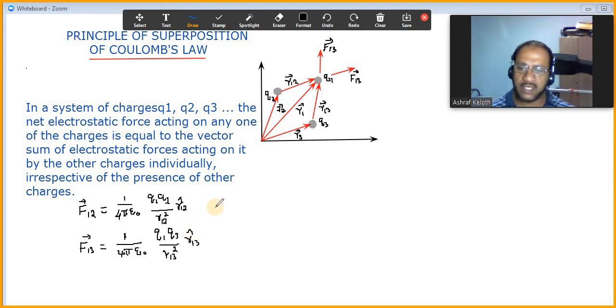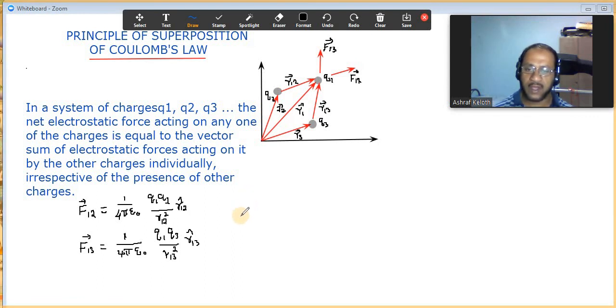If there is one more charge, the fourth one, then F14 will be equal to 1 by 4 pi epsilon naught Q1 Q4 by R14 square into R14 cap, etc.